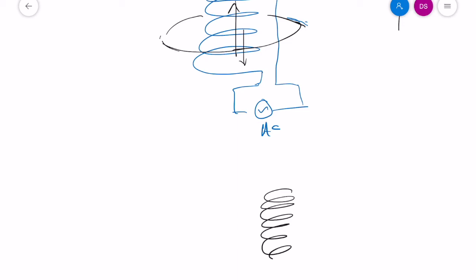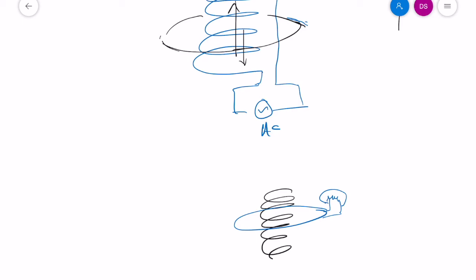And I'm surrounding the solenoid by a loop of wire, and this loop of wire is connected to a light bulb. The light bulb will obviously light up whenever there's a current flowing through that loop. And there is no electrical connection between the solenoid and the loop of wire connected to the light bulb, right? So there's absolutely no electrical connection here.